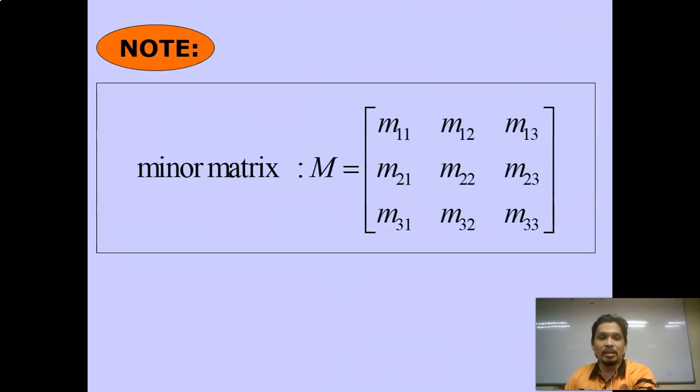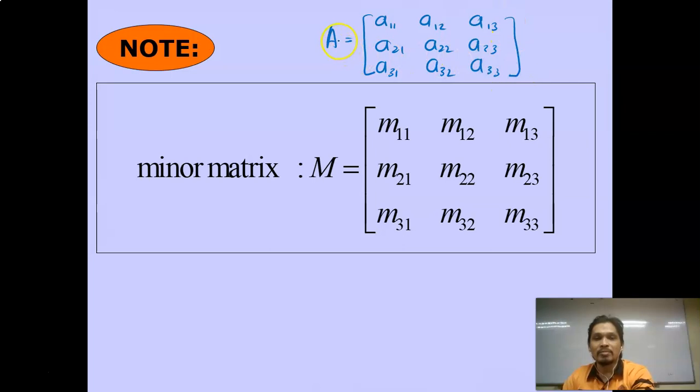We might find the minor of every single element inside the matrix A. So just now, let's say this is a matrix A, so we have A11, A12, A13, A21, A22, and A23, A31, A32, and A33.